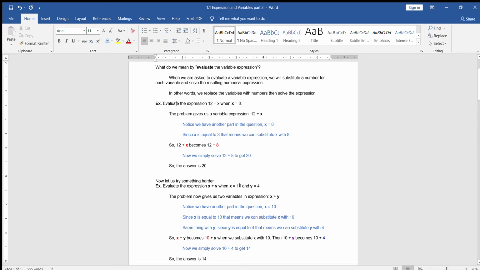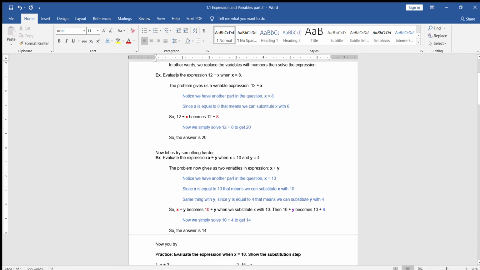So x plus y becomes 10 plus y because x is equal to 10, and 10 plus y becomes 10 plus 4 since y is equal to 4. You have to substitute the correct variable with the correct number. You're not supposed to substitute x with 4, and you're not supposed to substitute y with 10, since they're not equal.